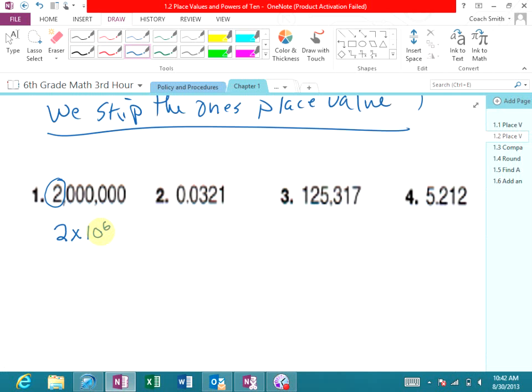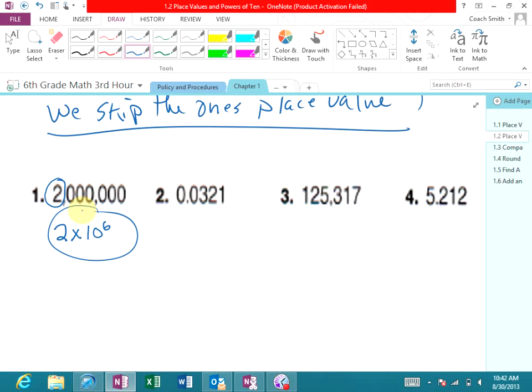Now, is there any other significant digits in here? 0 is not considered a significant digit in this example. No. So that's done. That's my answer. That's how you write 2 million in expanded form with exponents.